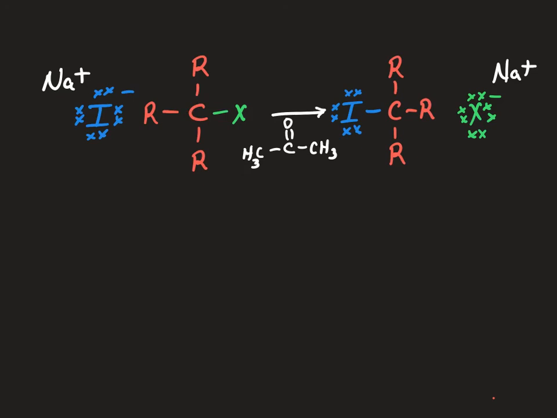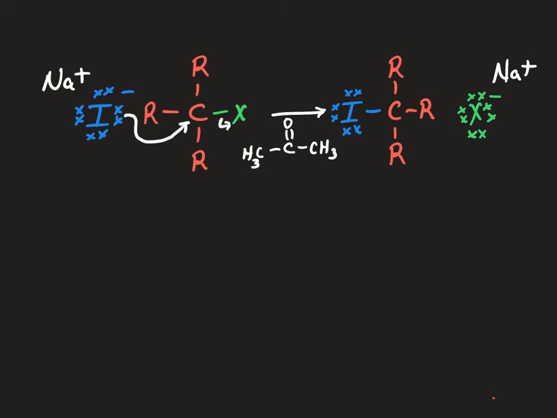So if we're laying out our mechanism, we start with our electrons, draw our arrow to the carbon where the new bond will be, and then show our leaving group taking the electrons. Okay, so we get an SN2 product.